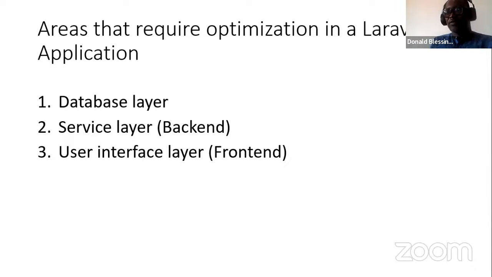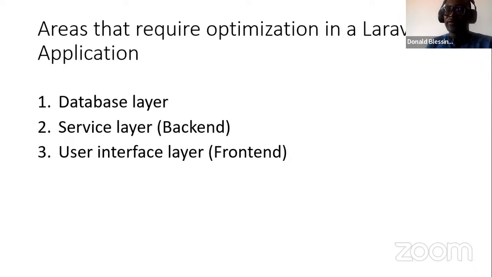The second layer is the service layer. In some other development environments, you can call it the application layer. Most of us call it the backend, where all business logic takes place and all transactions take place before it gets to the database.